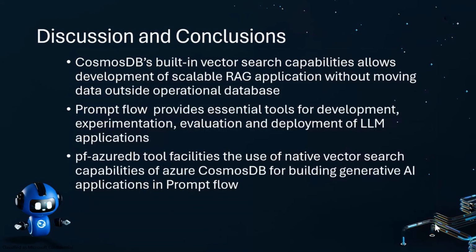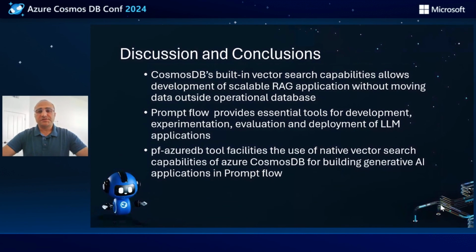Finally, let's look at some key takeaways. CosmosDB's built-in vector search capabilities allow us to build scalable LLM applications without moving data outside the operational database, which is a great advantage for a vector search database.